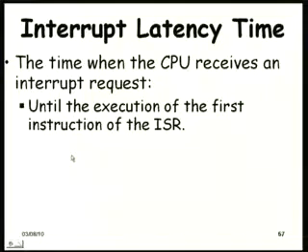The interrupt latency time. This is the time when the CPU receives an interrupt. So, from the time it receives an interrupt to the time it executes the first instruction of the ISR is the interrupt latency time.